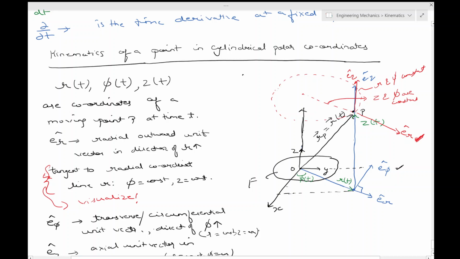And similarly, if you move along the circumferential or transverse unit vector, which is phi, this line over here, r and z are constant. So they may have different values of constant, but they will not be changing. So that's the direction. This is the direction of E phi.